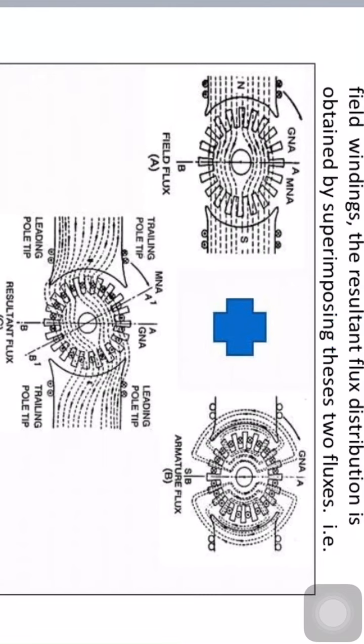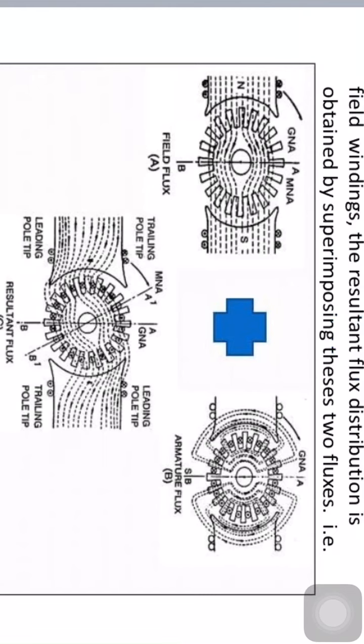So for example, in the diagram, if the motor rotates clockwise, then for north pole the lower tip is the leading tip, and for south pole upper tip is the leading tip. If the motion is reversed, that is in case of generator, the tips are interchanged.